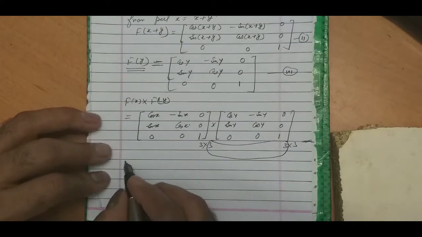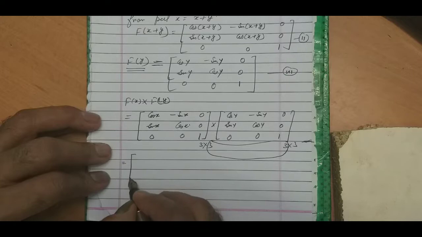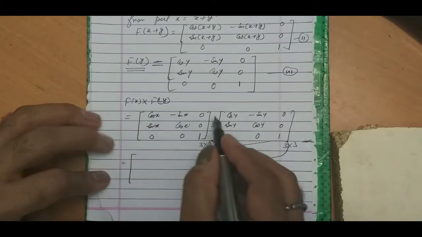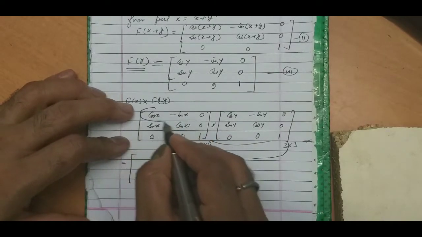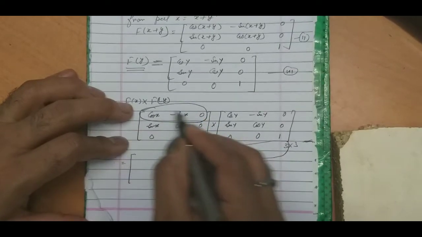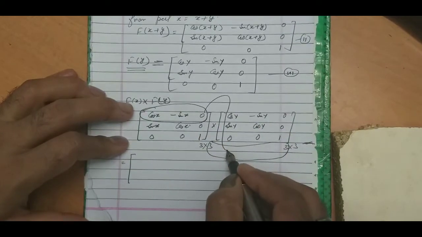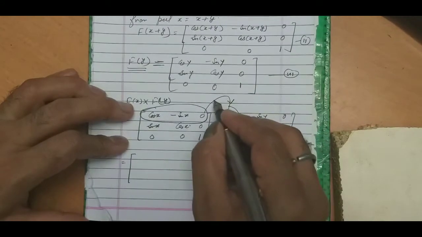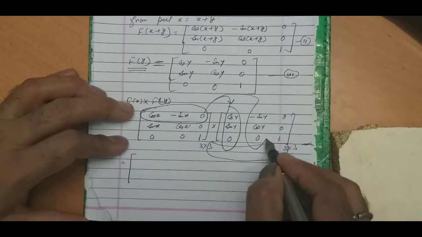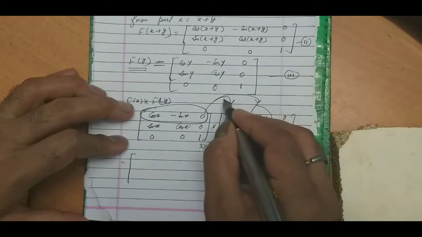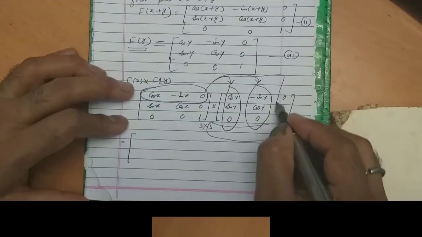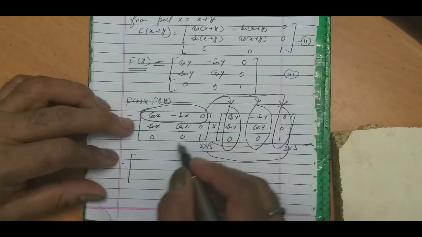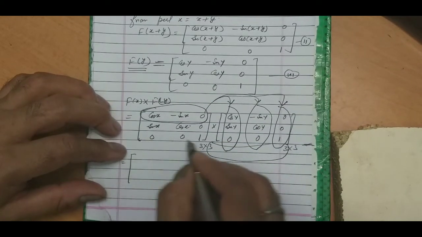Again the same rule: first row and first column, then the same first row and second column, and then the same first row and third column. This process will continue until these 3 rows are complete.